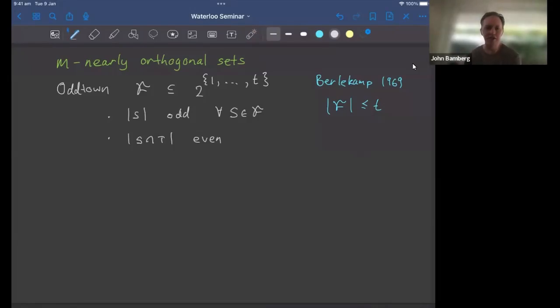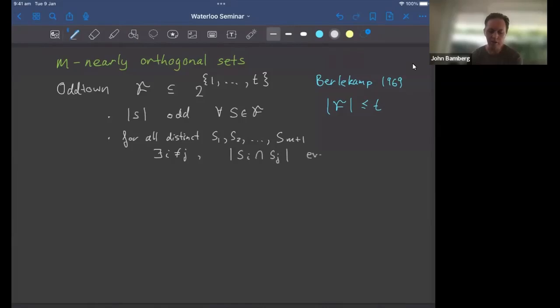And there's a little generalization of this. Instead of this second property, that the intersection is always even, I'm going to change this. I'm going to say that for all distinct subsets S1, S2, up to S(m+1), if I take m plus 1 of them, then there is some pair such that they have even intersection.